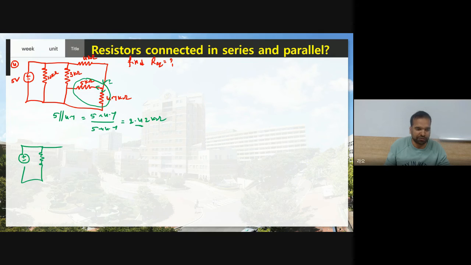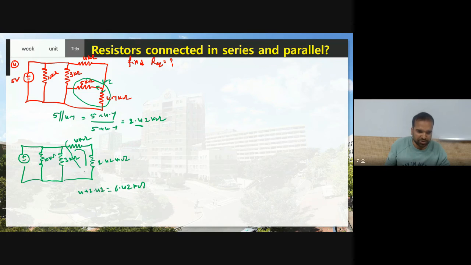Now here, I don't need to find the total current, I just need to find what? The R equivalent. Now instead of these two resistors, I'm going to replace them with a single resistor with the value of 2.42 kilo ohm. Now this is 4 kilo ohm, and this is 3 kilo ohm, and here this is 10 kilo ohm. Now see, the same current is flowing, therefore 4 plus 2.42, therefore this is 6.42 kilo ohm.